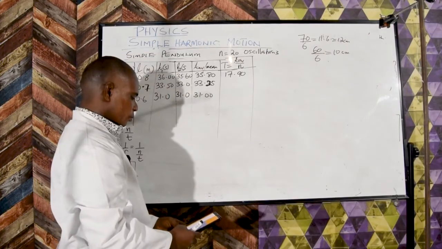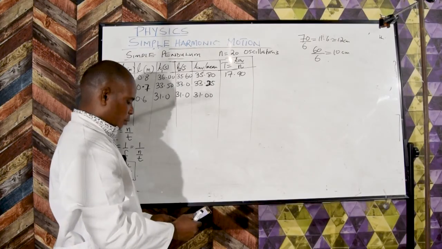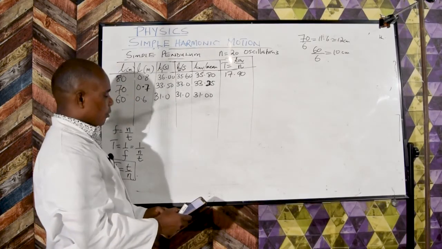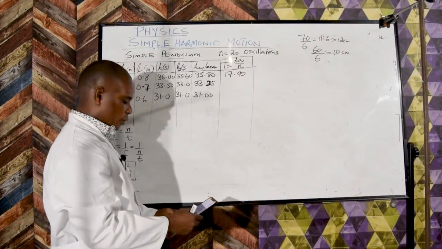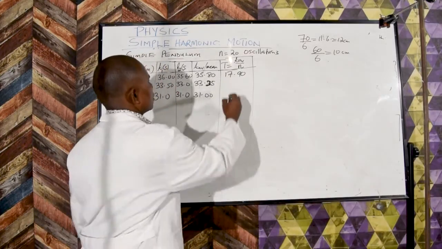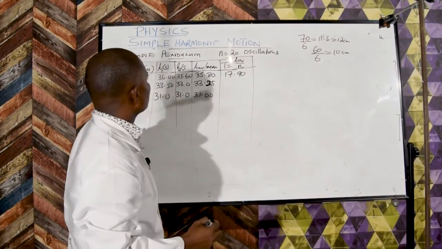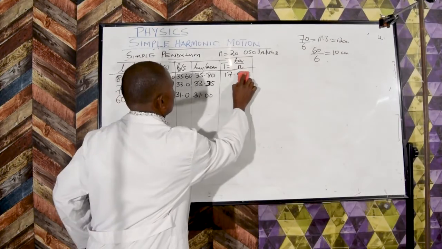33.25 divided by 20 is 1.66. That's an error here.